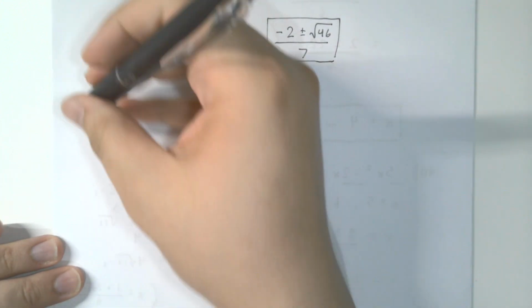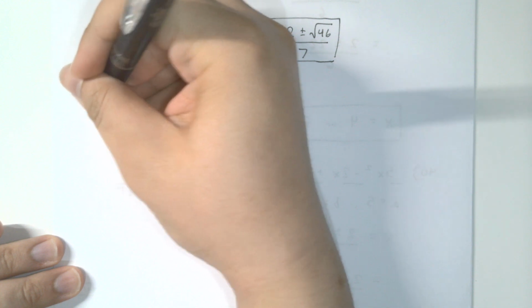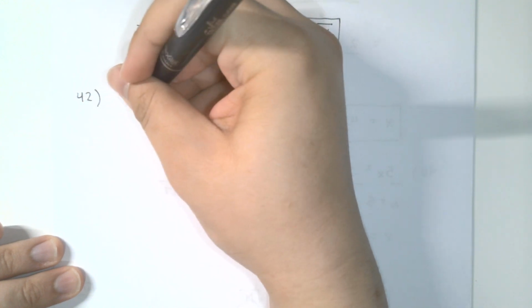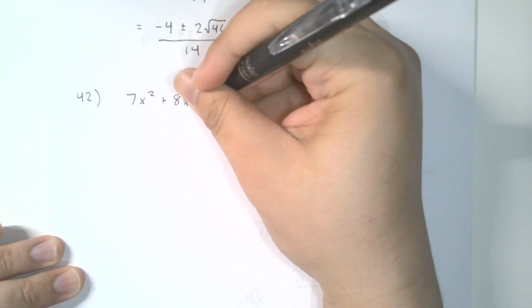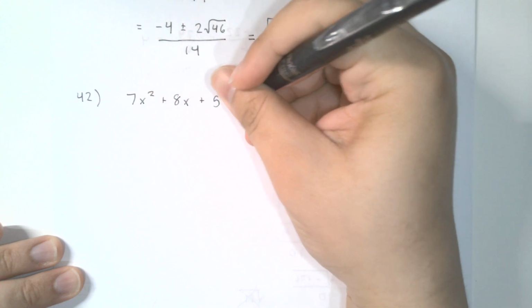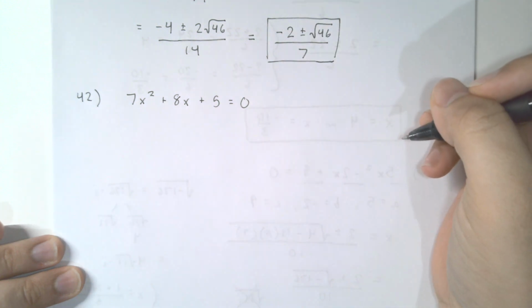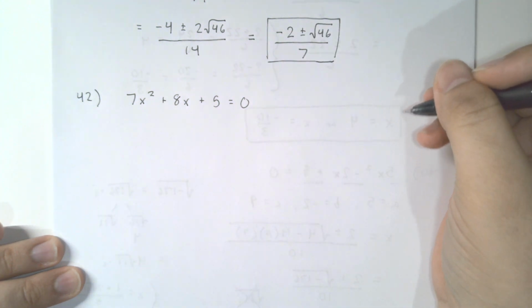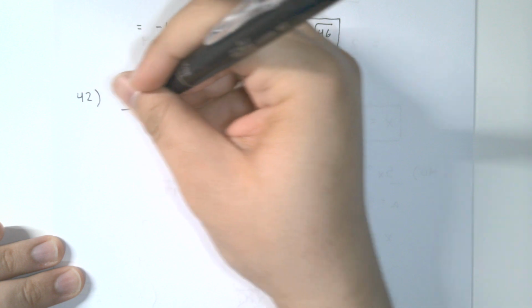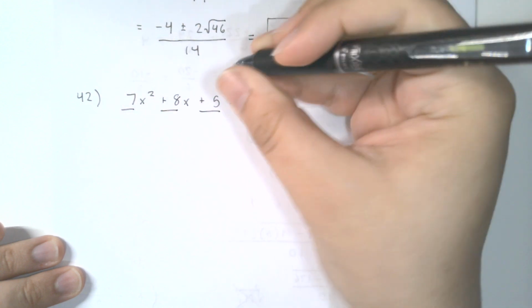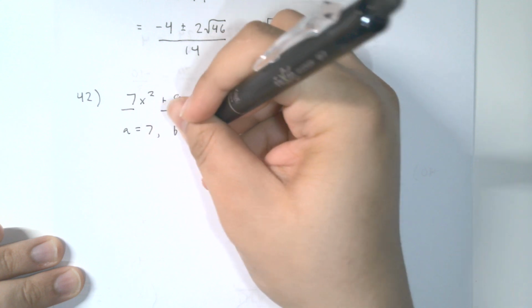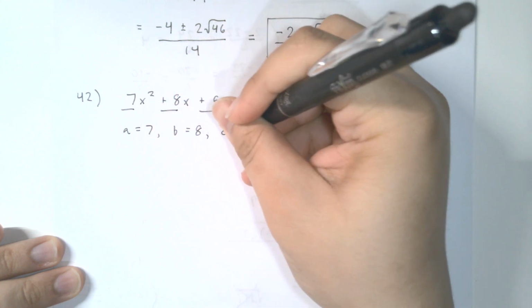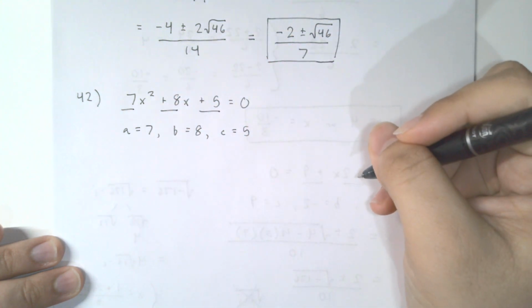For the next one, number 42, we have 7x squared plus 8x plus 5 is equal to 0. We can't reduce this anymore. So we have 7, 8, and 5 as our a, b, and c. So a is equal to 7, b is equal to 8, c is equal to 5.